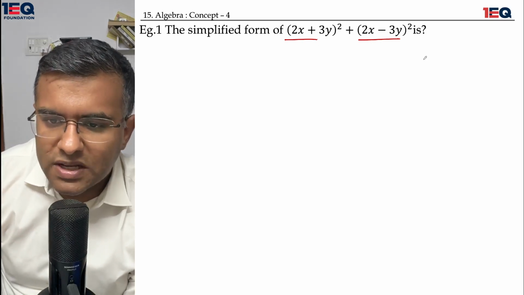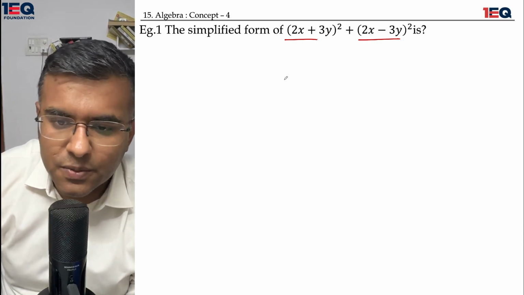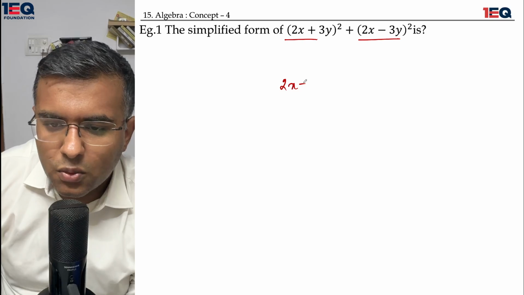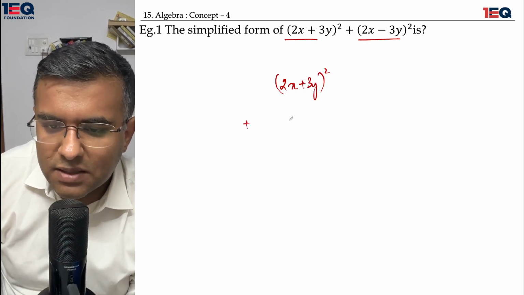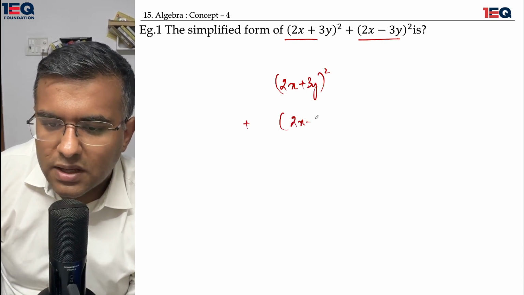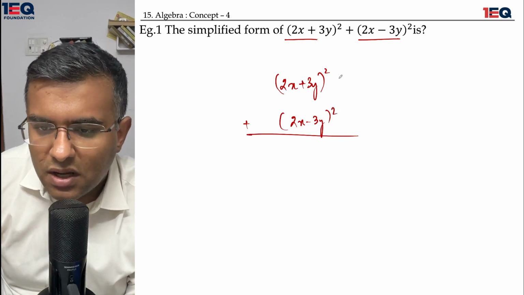So when I say 2x plus 3y whole square and 2x minus 3y whole square, I mean to say 2x plus 3y whole square, and there is a quick sum operation here, and 2x minus 3y whole square. I need to find out the answer of this.